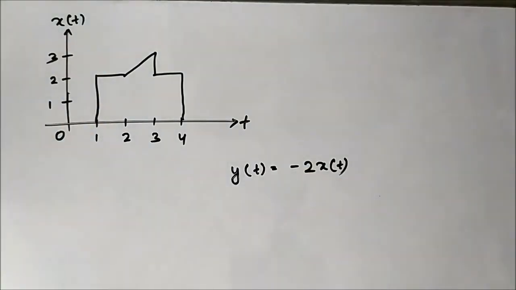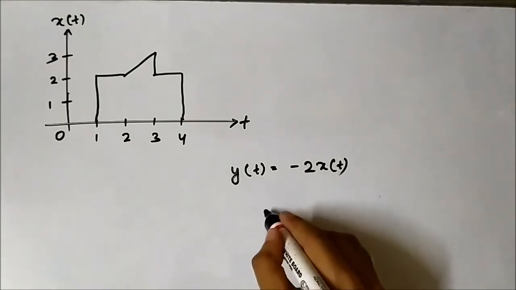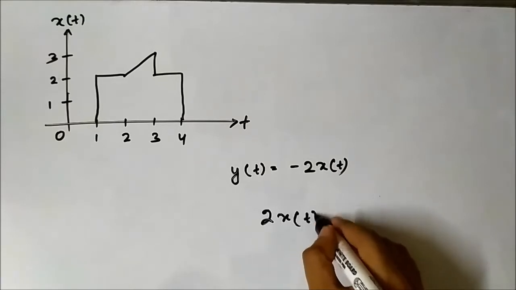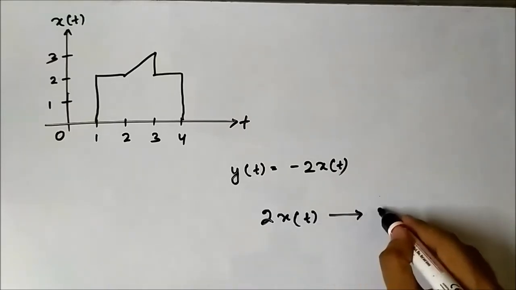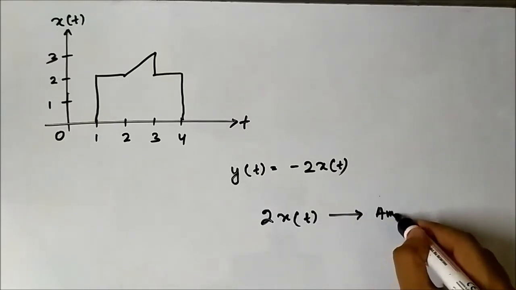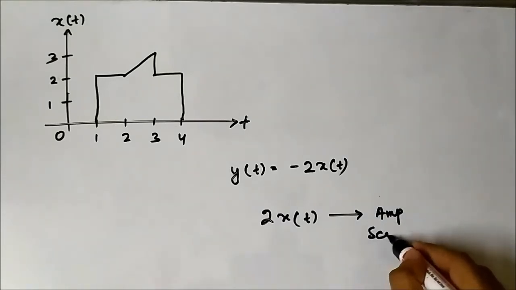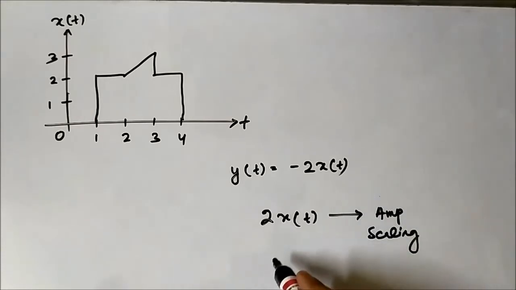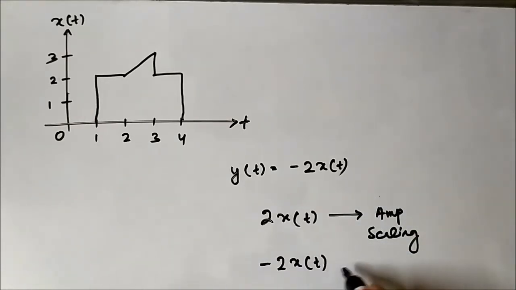Here the signal gets multiplied by 2. It means it's amplitude scaling. Actually amplification is taking place, and the negative sign here means amplitude inversion.